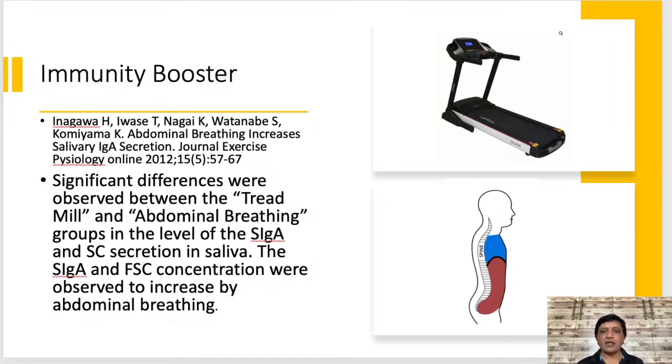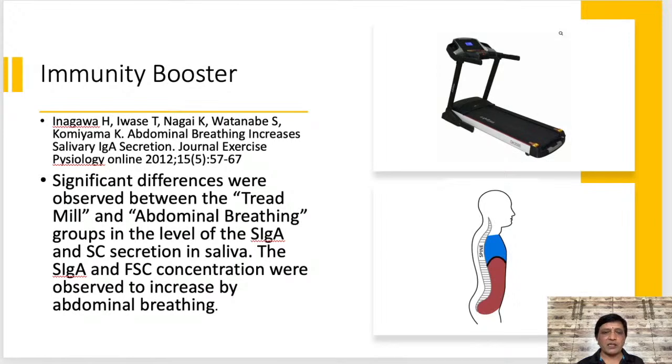People have studied comparing the treadmill versus simple deep abdominal breathing. When we say abdominal breathing, as we inhale, abdominal cavity should expand. As we exhale, it should contract, and exhalation should be a little longer than the inhalation. That is it.